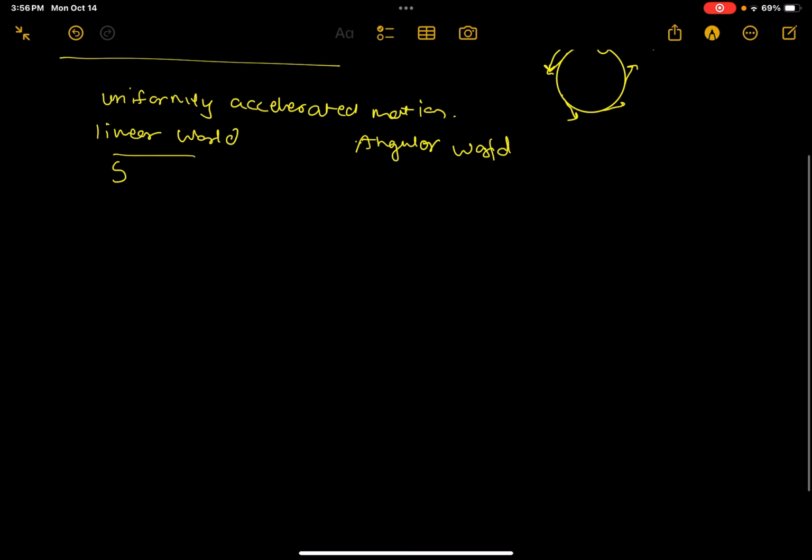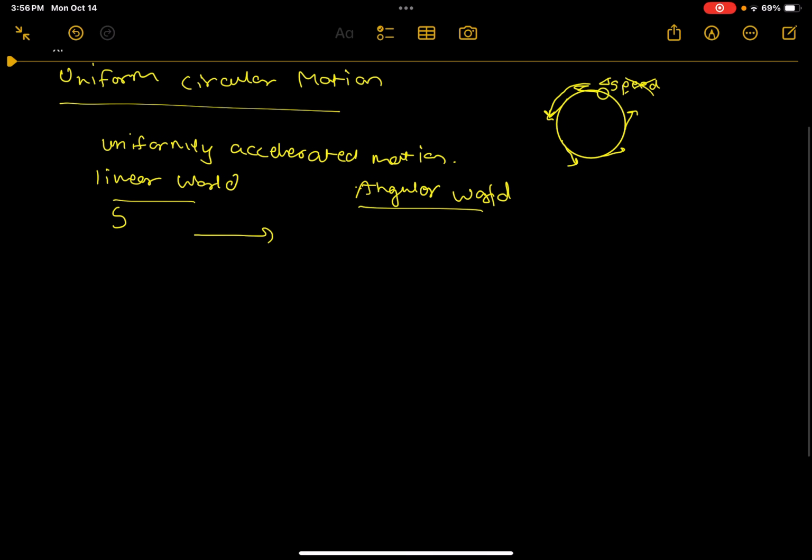In the angular world, you say how much theta you covered. How big of an angle did you cover? So this is the angle theta. If it makes one revolution, one entire rotation, it is known as 2 pi radians.